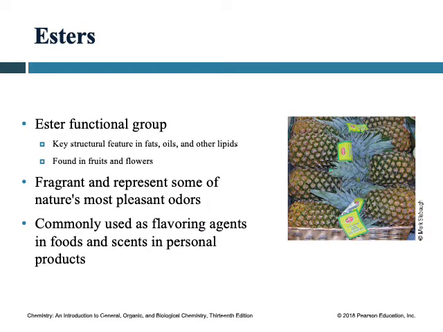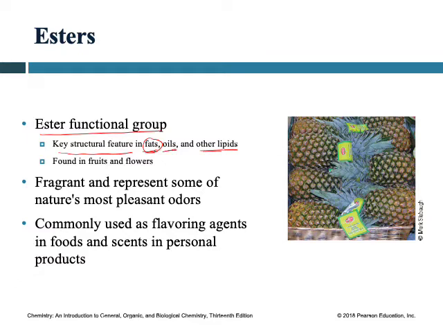Okay, so now let's talk about another functional group called ester. The ester functional group is a key structural feature in fat, oil and other lipids. That means you can find the same functional group in fat, and when we talk about lipids, you will see the same functional group is present in lipids, which include fat, oil and other types of lipids.